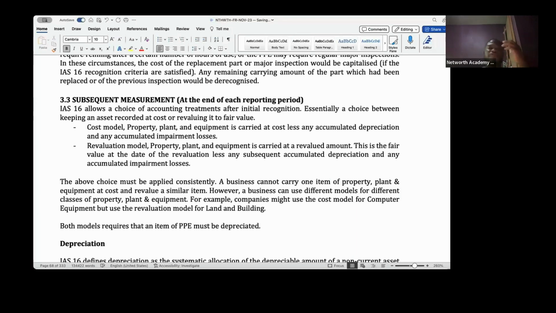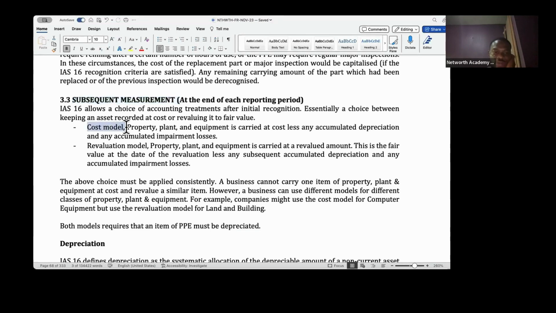The one we looked at before, which is initial measurement, is at the date of the transaction. Subsequent measurement is at the end of the year, at the end of each reporting period. So at the end of the year, the standard, IAS 16, allows for two models.